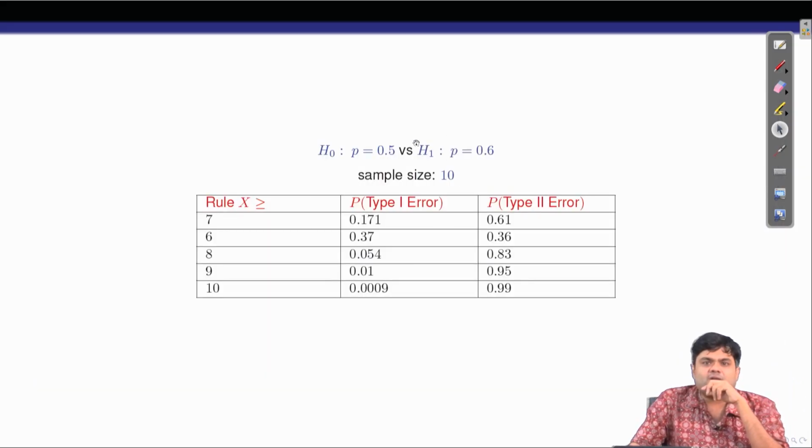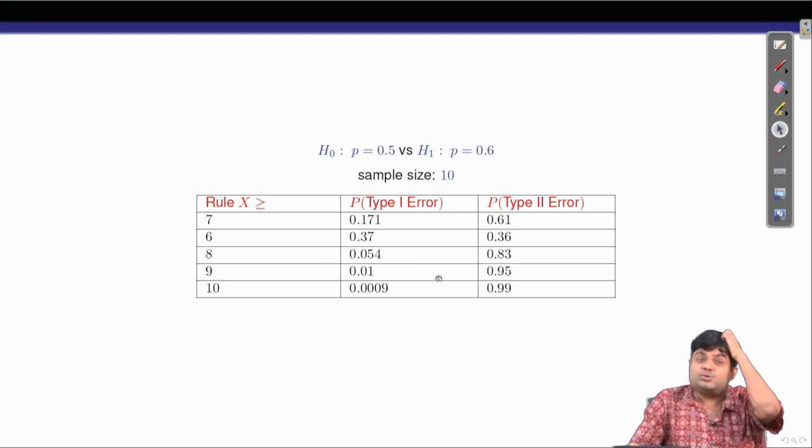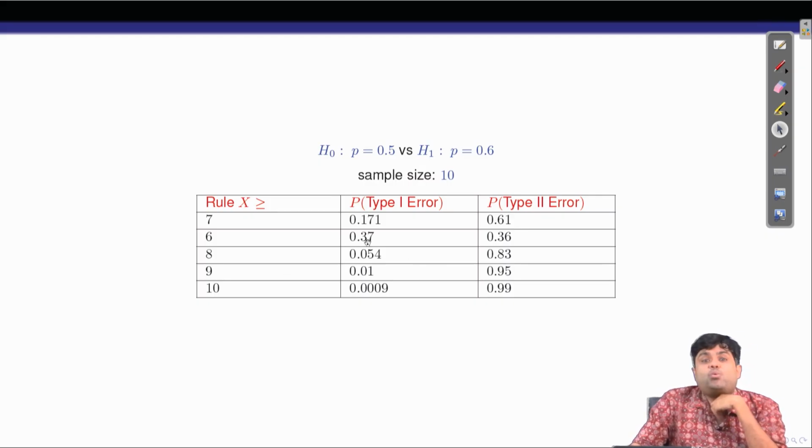In fact, one can carefully check that for this kind of sample, if your rule is to reject when x is greater than or equal to 7, the probability of type 1 error is 0.171 and type 2 error is 0.61. If it is greater than or equal to 6, then it is 0.37 and 0.36. If it is greater than or equal to 8, it is 0.054 and 0.83.